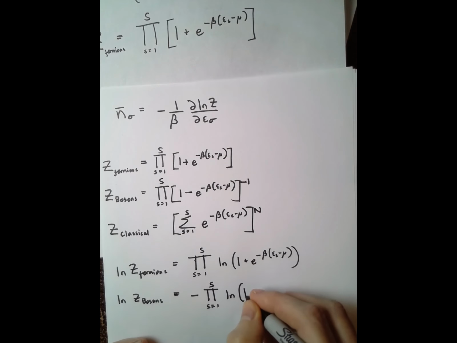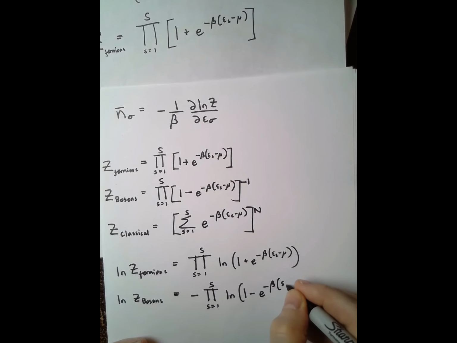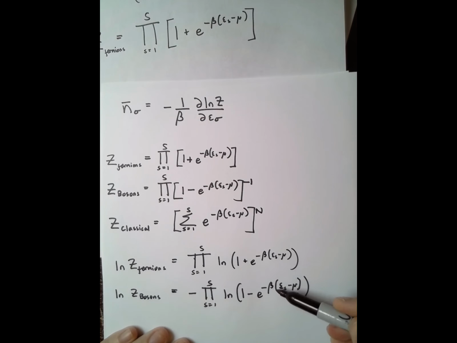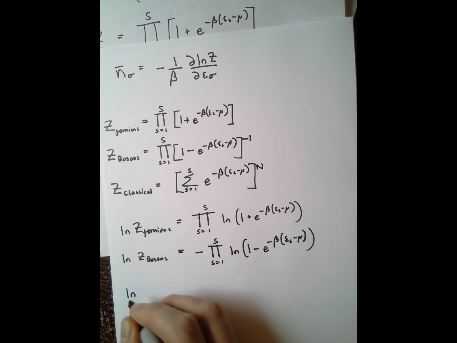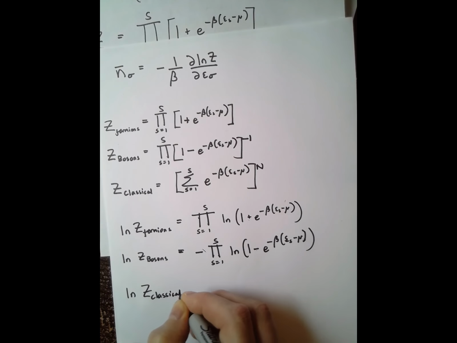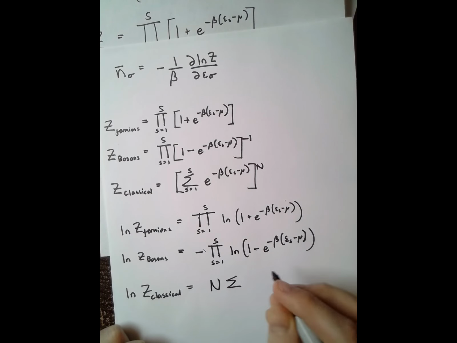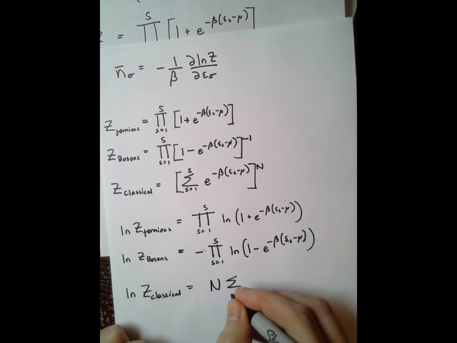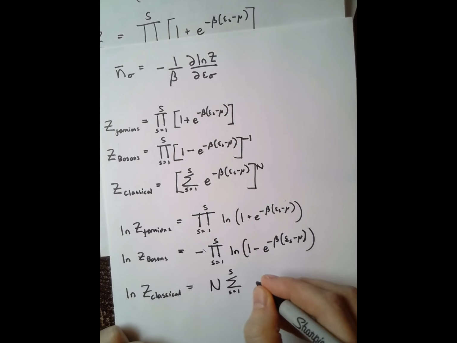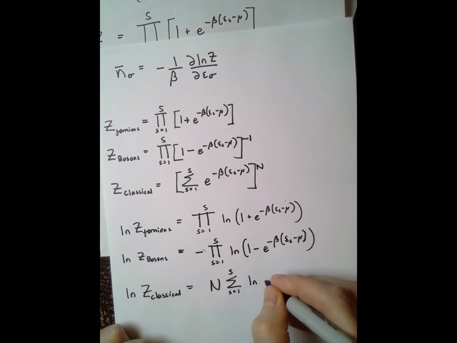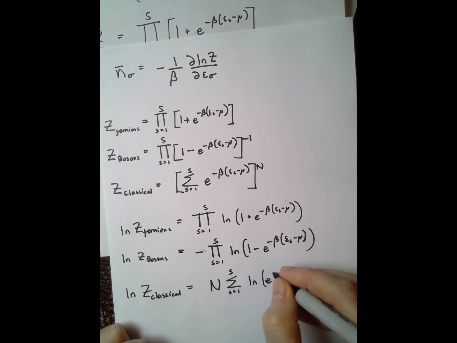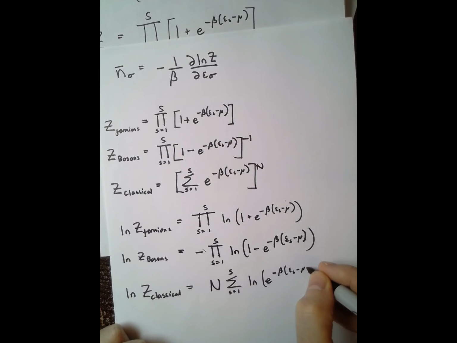So we've got log of 1 minus e to the minus beta epsilon s minus mu. So these two are now very similar, except there's a plus sign here and a minus sign here. And of course the minus sign outside here. And for the classical gas, logarithm brings the n down, and we get n times the sum from s equals 1 to big S of the logarithm of e to the minus beta epsilon s minus mu.